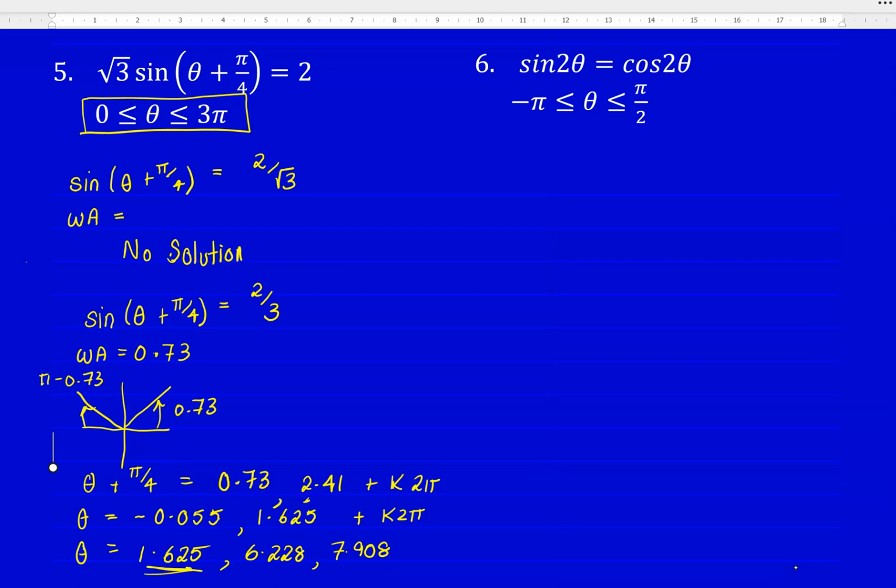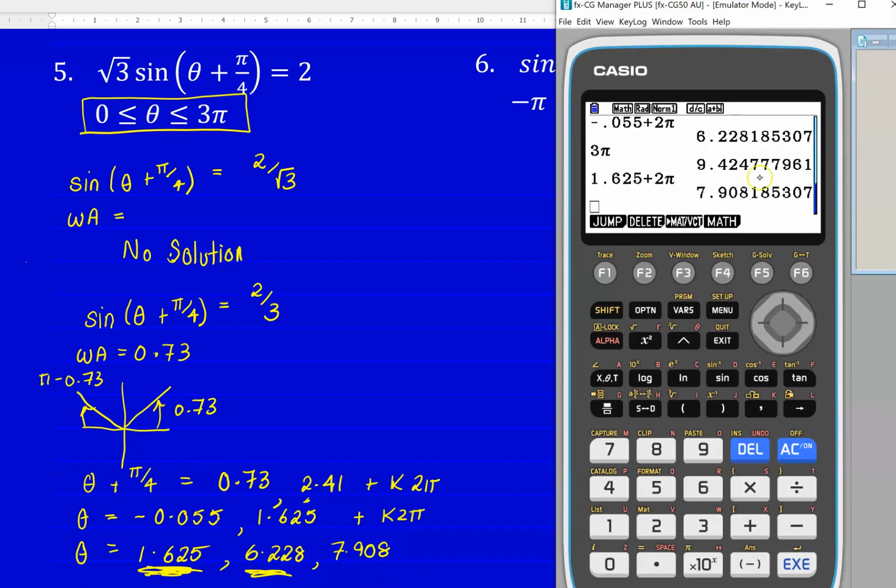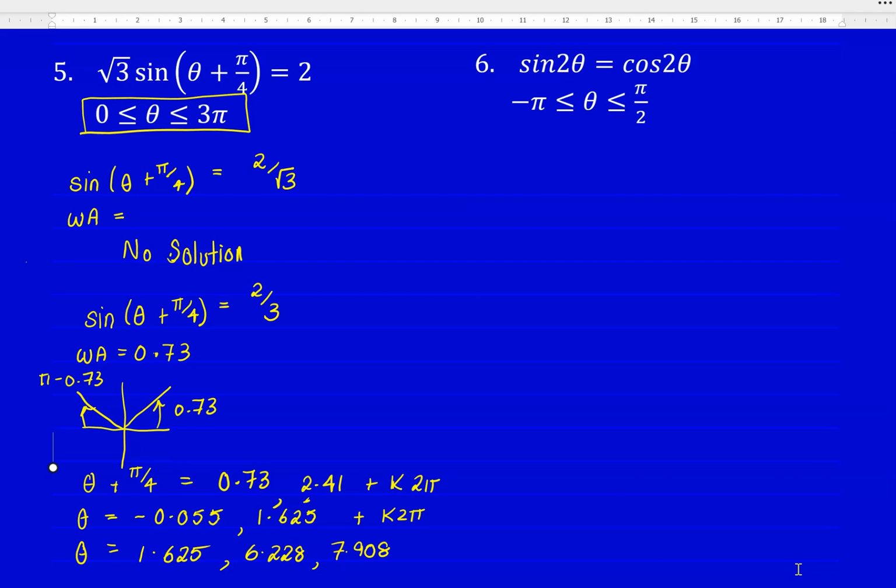Okay, so we just took this one and we added the 2 pi. Now we're going to go to this one and add 2 pi, and if it's beyond 3 pi, so if it's beyond 9.42, then we don't include it. And you can probably tell it's going to be beyond. So that one doesn't get included. So these are our 3 solutions.